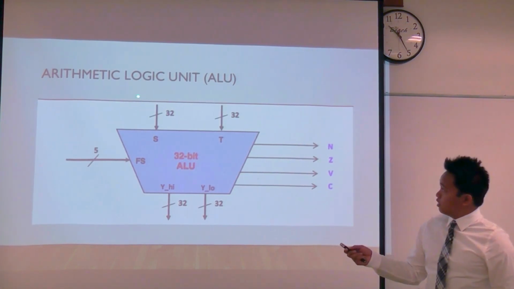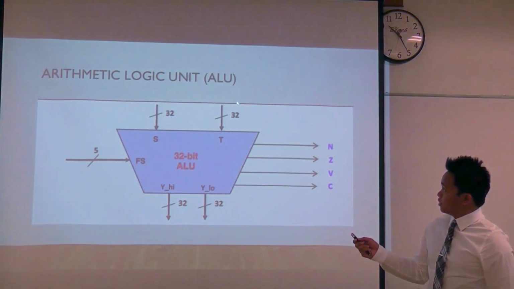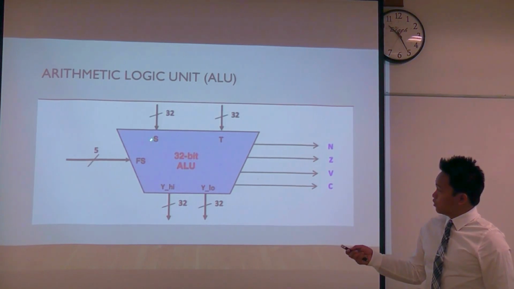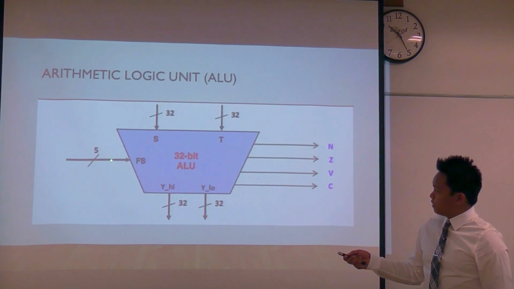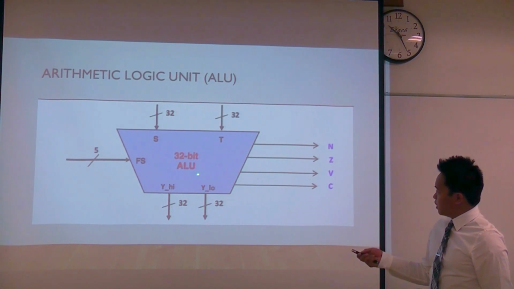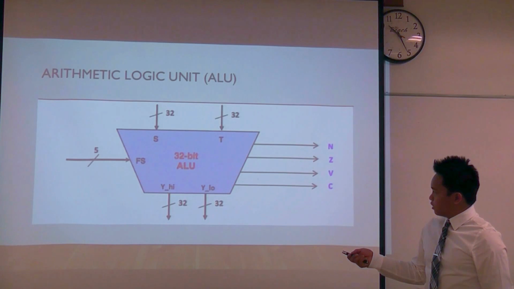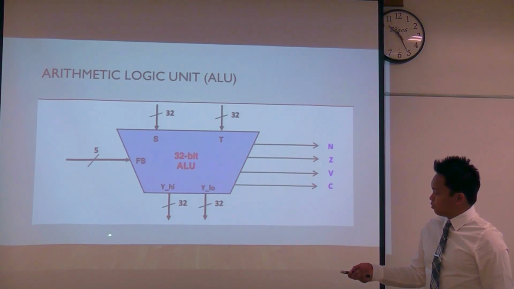So, arithmetic logic unit. This is our ALU. We have two inputs for the data, S and T, and then we have one input for the function select. These are our flags coming out of the ALU, and Y high, Y low, as I said earlier, can yield a 64-bit result.